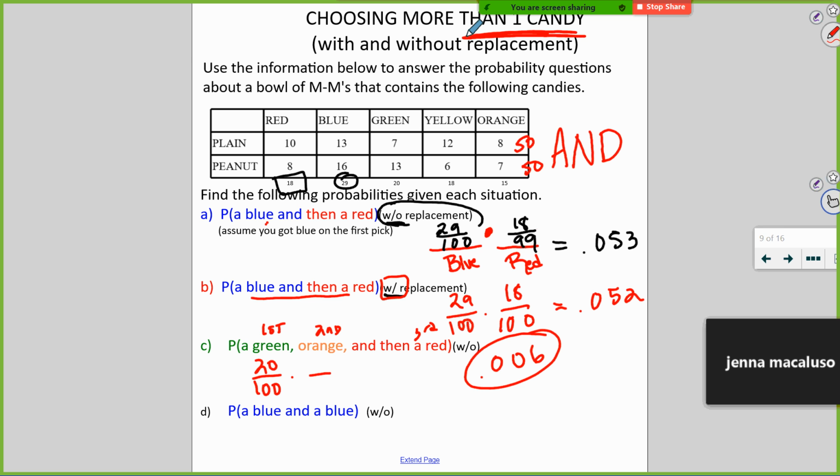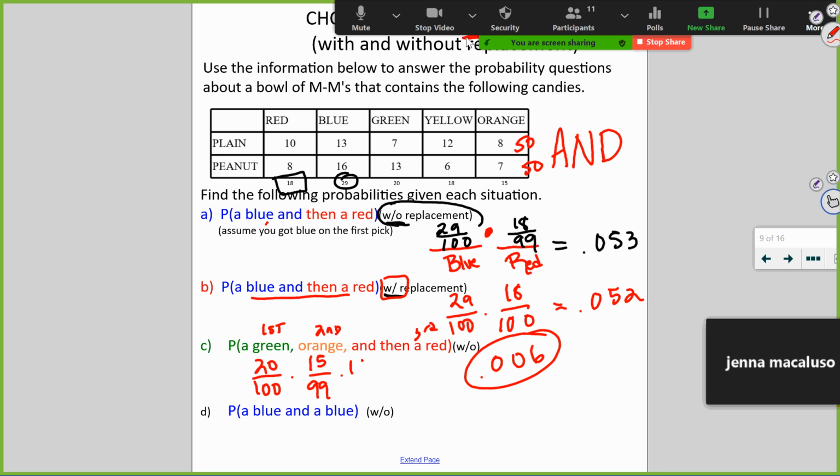So how many orange? 15. Out of how many are left over after you ate one? 99. Yeah? So then what's my last fraction for red? I eat the orange one, how many red out of the total? 18 over 98. Yep, that's it. Multiply your numerators, multiply your denominators, and divide it. 0.006.